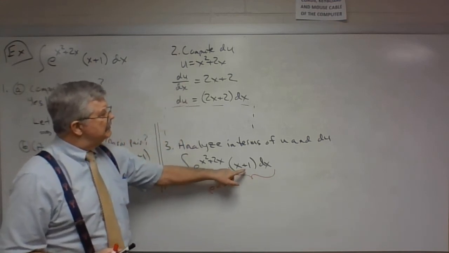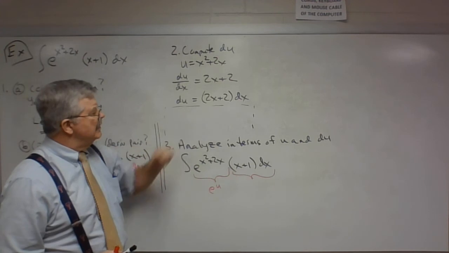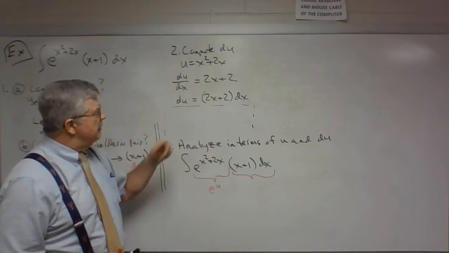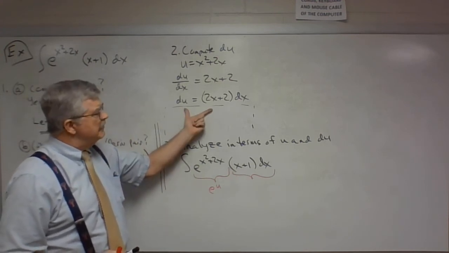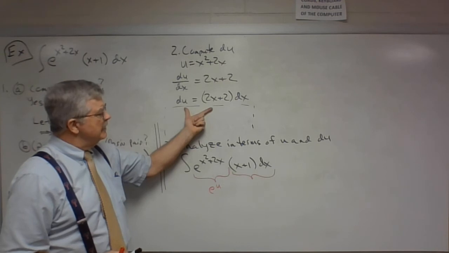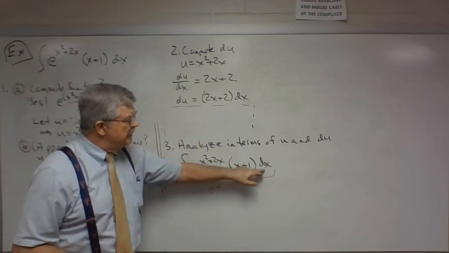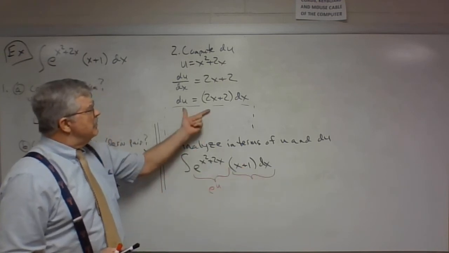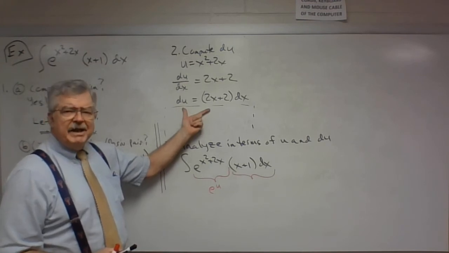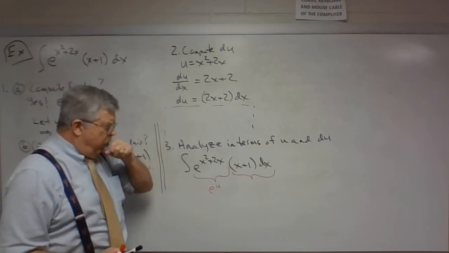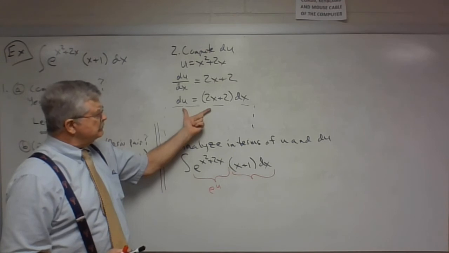I don't see exactly this up here, but I think I can turn the right side of this equation into x plus 1 dx if I multiply both sides by the right constant. Excuse me.